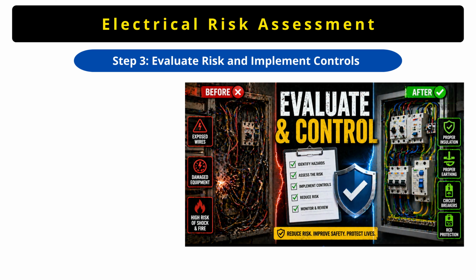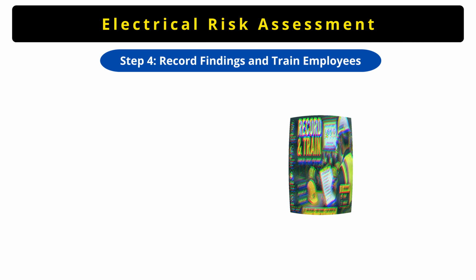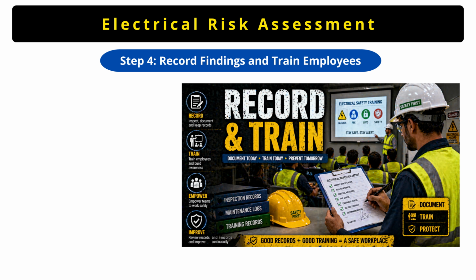Now let's move to the third step, which is to evaluate the risks and implement the controls. So we can repair damaged equipment, use proper insulation, install protective devices. These are the control measures we can take. Now let's move to step 4, which is record findings and train employees.